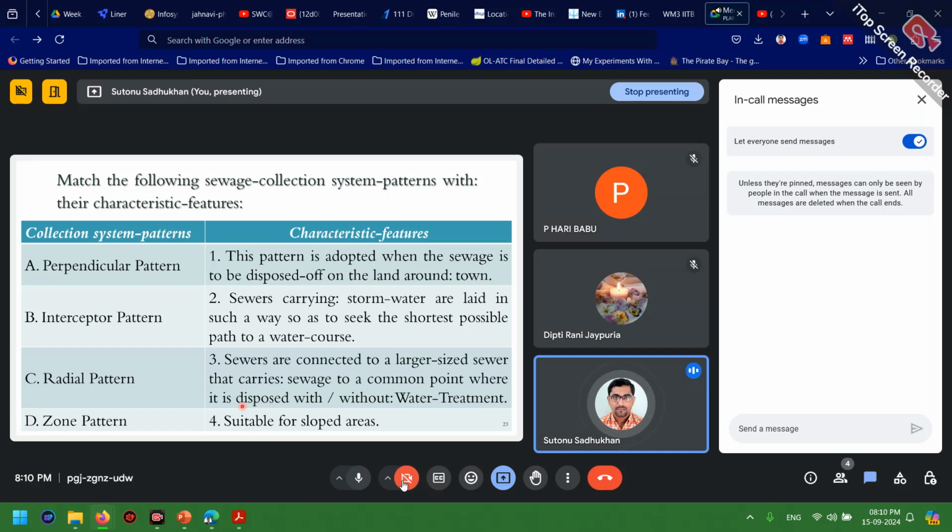Please write your answer in the chat box. If you are able to match one or two, then also you can write. Let's say B with this, C with that, you can also write in this way if you are not able to match the entire thing. Otherwise, okay, no issues. I will discuss anyways.